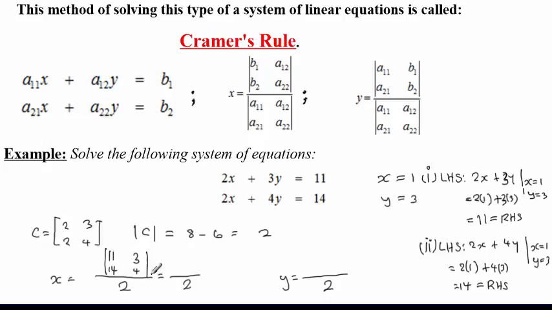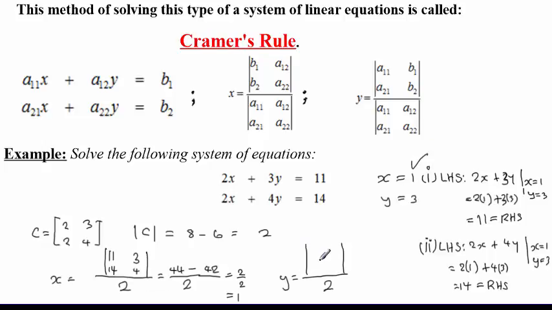Then for 11 and 4 we get 44, minus 14 times 3, which is 42. Then we have 44 minus 42, which is simply 2 over 2, and that is equal to 1. So that answer is what we got before.